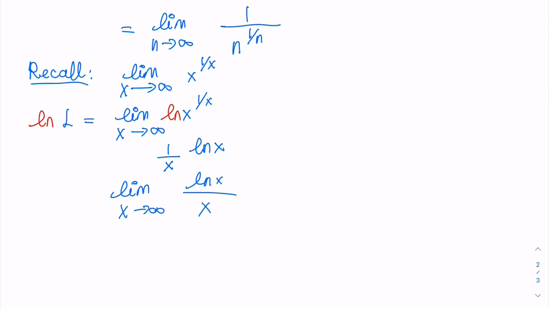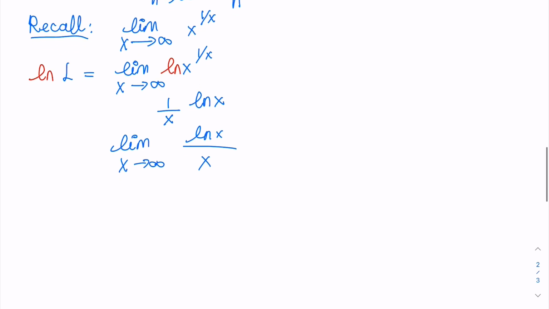You can see that we have an indeterminate form. Therefore, we're going to take the derivative of top and bottom. So if I take the derivative of ln of x, I'm going to get 1 over x. And then the derivative of x is going to be 1. So I ended up with 1 over x. So the limit is going to be 0.